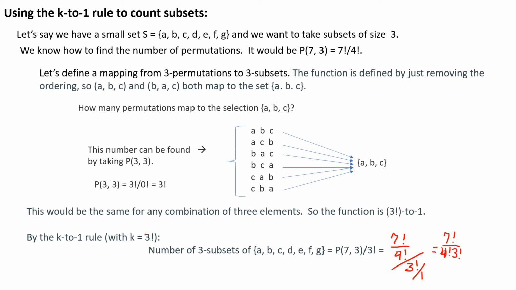And we see that we did it here with this one example. We found that it was just the number of permutations divided by whatever the k was in the correspondence. So let's see if we can talk about this in general.